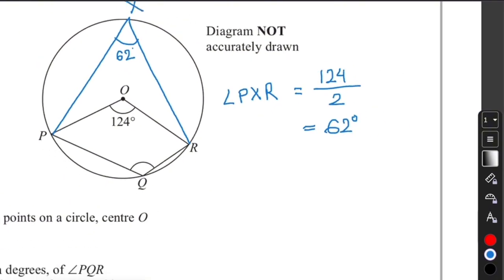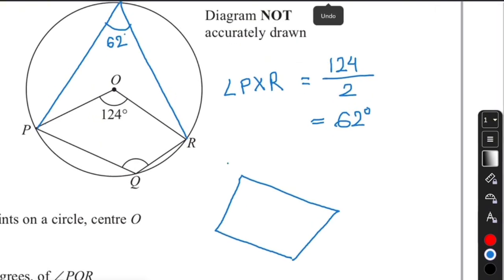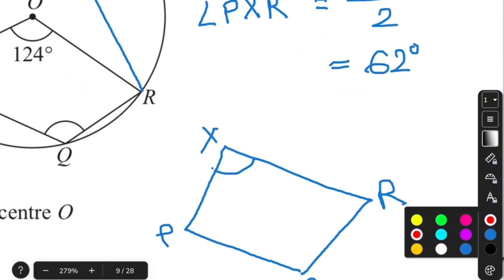Now if you look closely, the diagram has become like this. It's like a cyclic quadrilateral. Let's just name the angles X, P, R, Q. Now since we know this angle is 62 degrees, we have to find this angle.